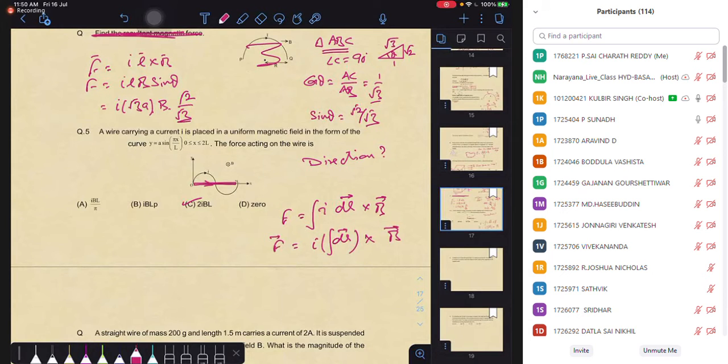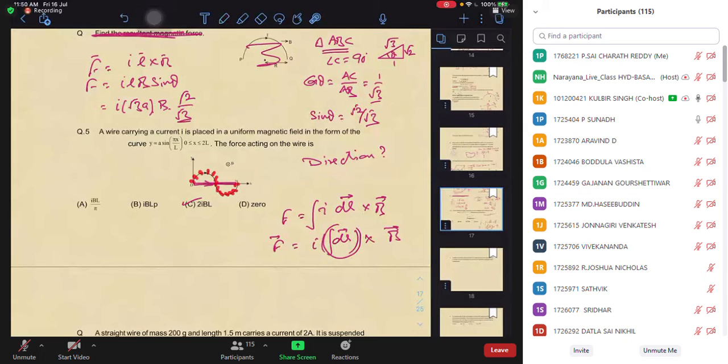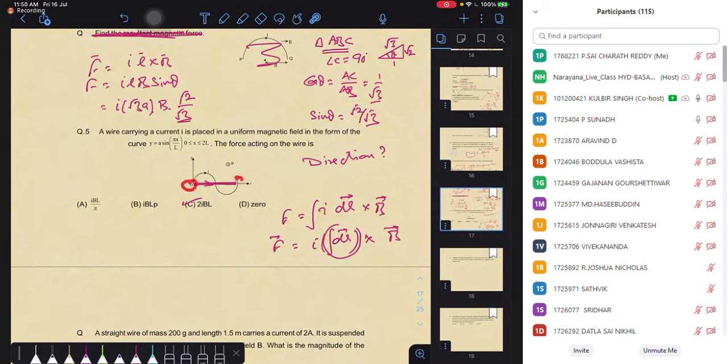What is this dL? This dL is the small elements. If you take the vector sum, what does that vector sum give me? It gives me the length from starting to ending. Just take the length from starting to ending. That will give me the total vector. If I call this length AB, I can replace this total wire with the length AB.